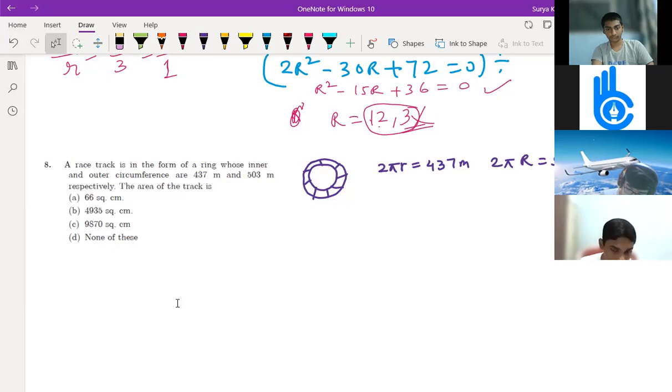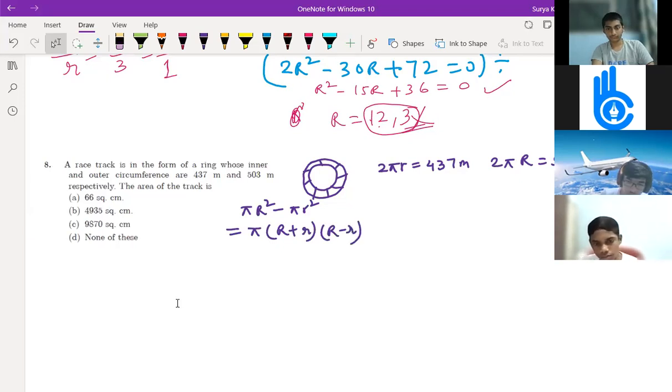See, the formula of the area of the track is pi R square minus pi small r square. So pi as it is, (R plus r) and (R minus r). How to find this, Samarth? Sir, you are doing correct.